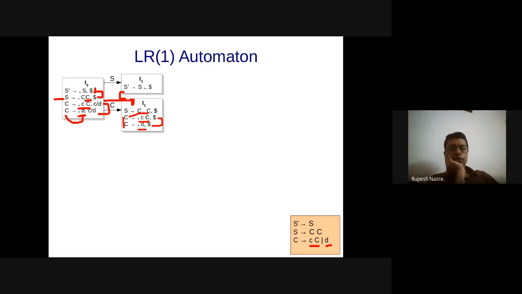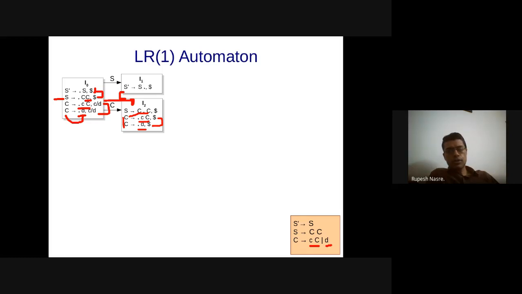Anybody? I0 on small c? Okay. C deriving c.C, with dollar.